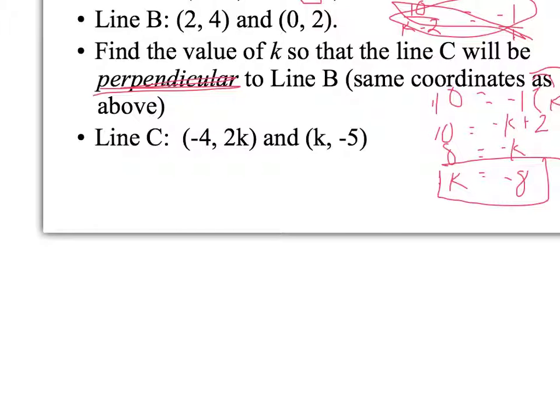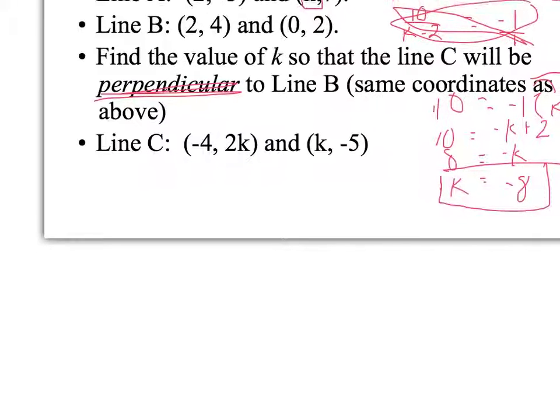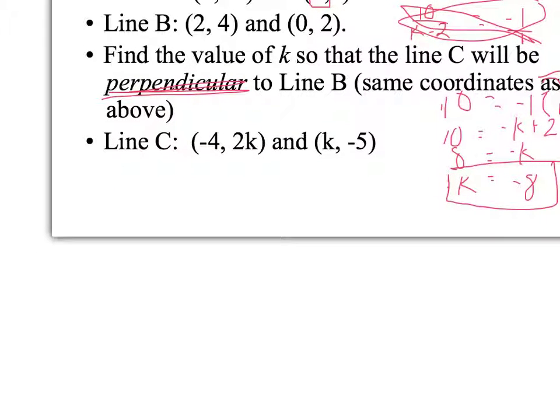The two slopes are the negative reciprocal of each other. So let's use that formula that we talked about earlier, where if we take the slope of line B and multiply that times the slope of line C, we should get -1.